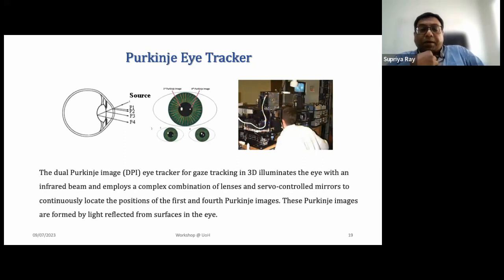Now, Purkinje devised a technique to trap those images to find out eye position in 3 dimensions. Okay, but the machine itself is very cumbersome. So although many labs used that for many years, it lost its popularity over time. Yeah, next slide, please.